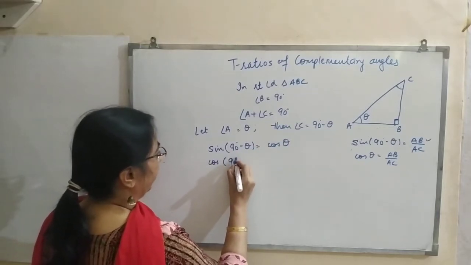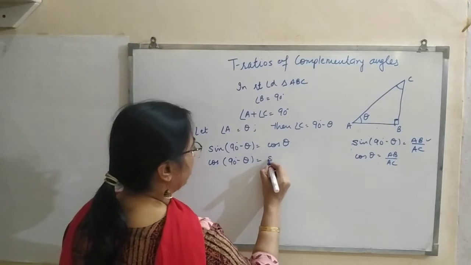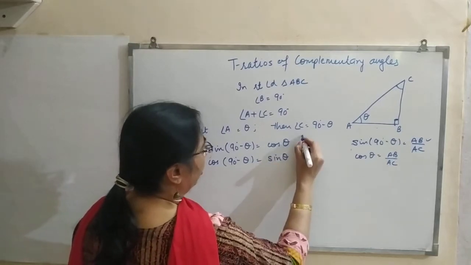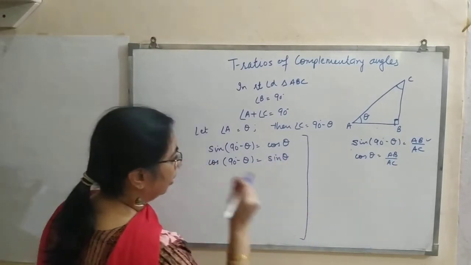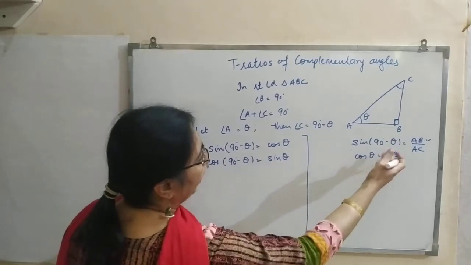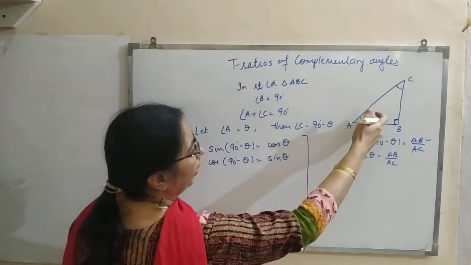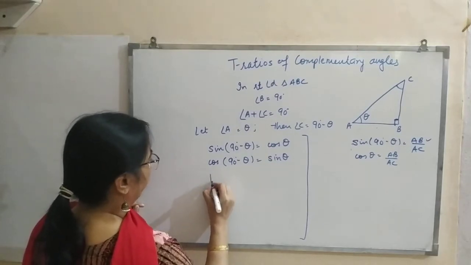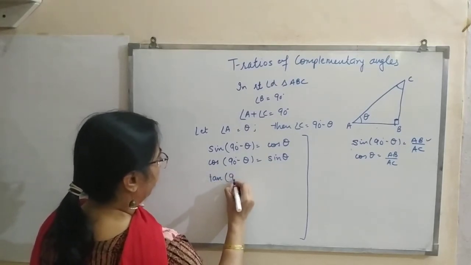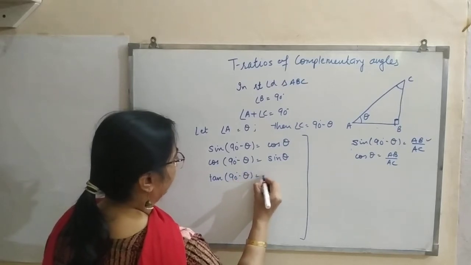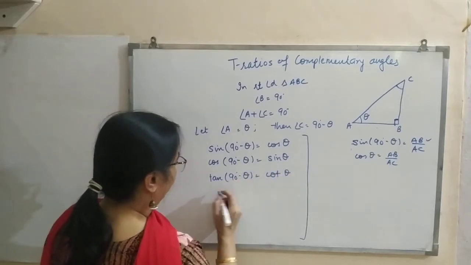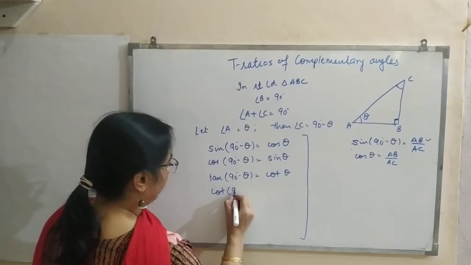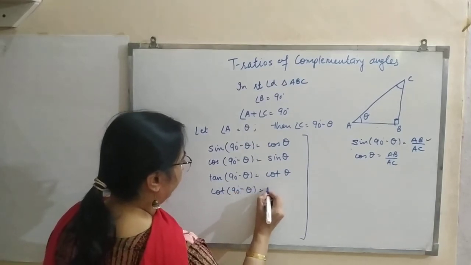Cos of 90 minus theta will be equal to sin theta. This you can memorize. This is the simple way, from one angle and from other angle you are getting these two. Then we come to tangent. Tangent of 90 minus theta will be cot theta, and cotangent of 90 minus theta will be tangent theta.